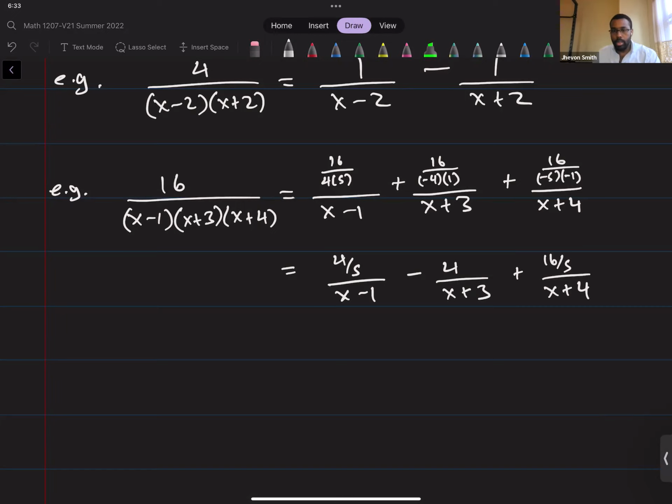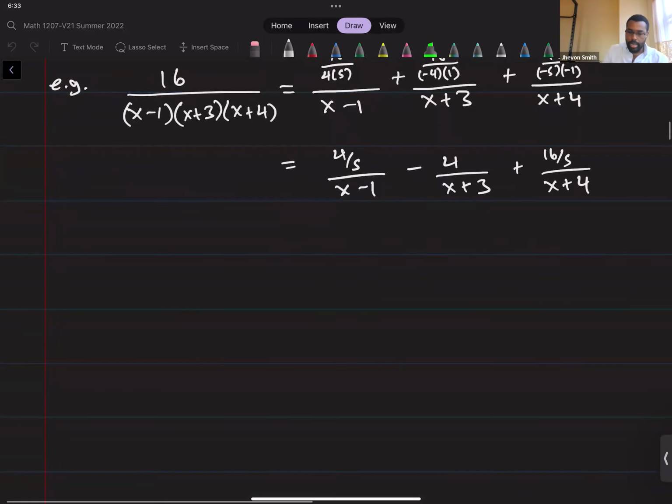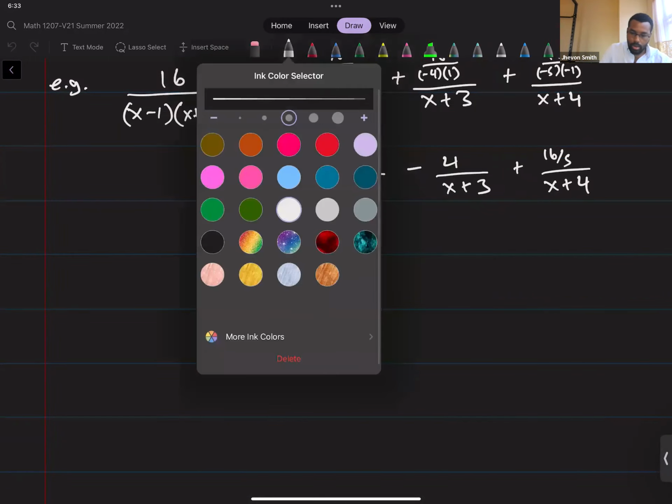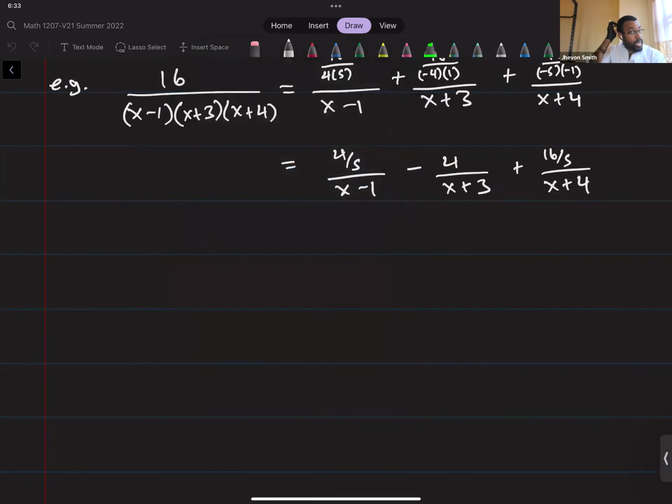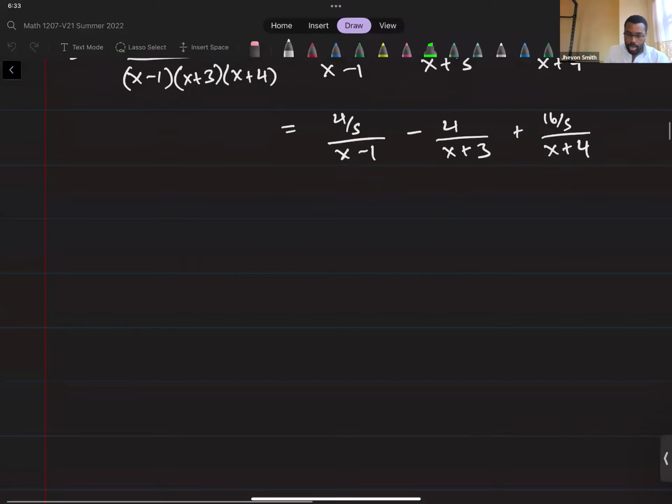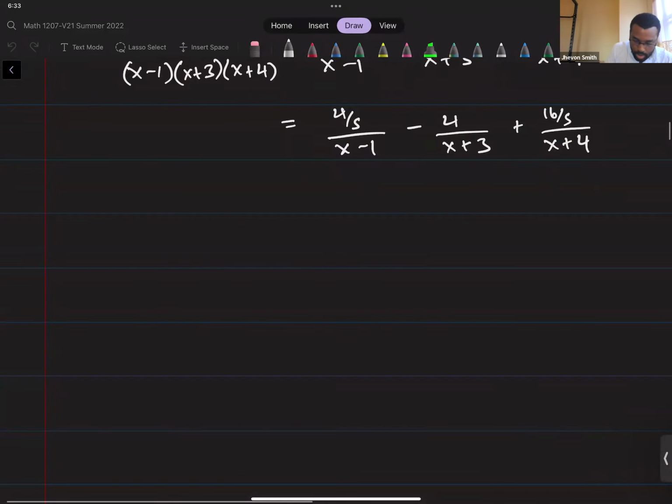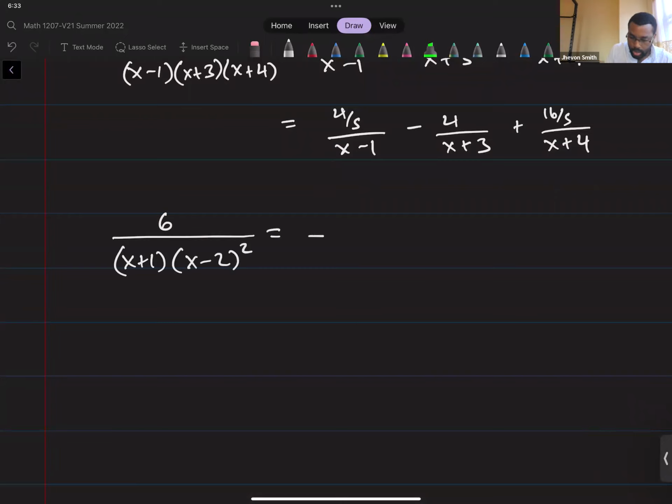So the cover-up method is really nice. In the case where you have a repeated linear factor, let's say 6 over x plus 1 times x minus 2 squared.